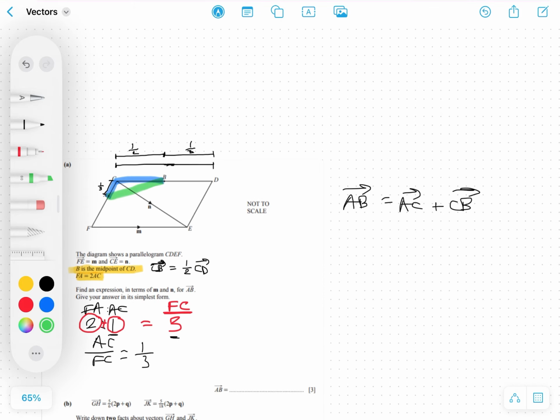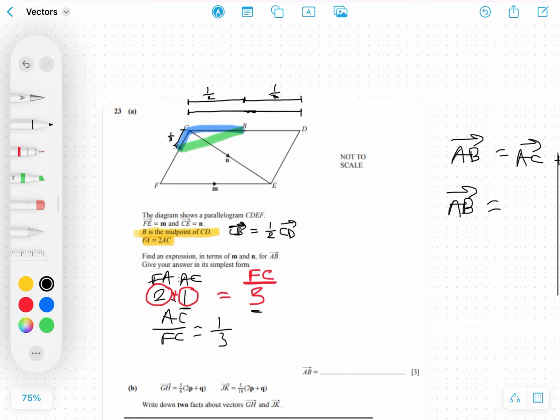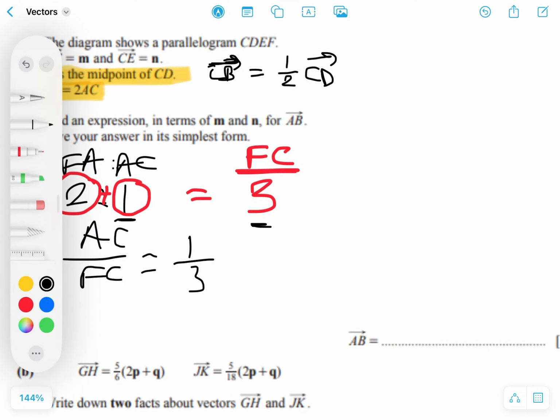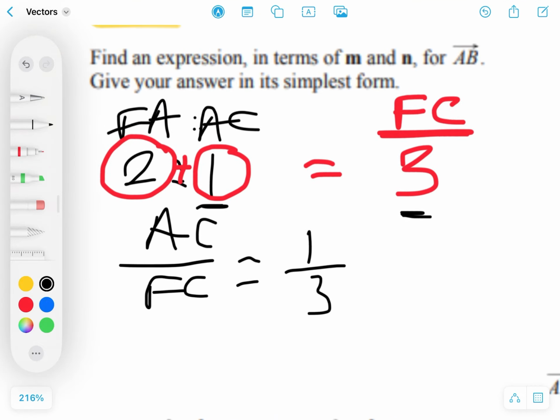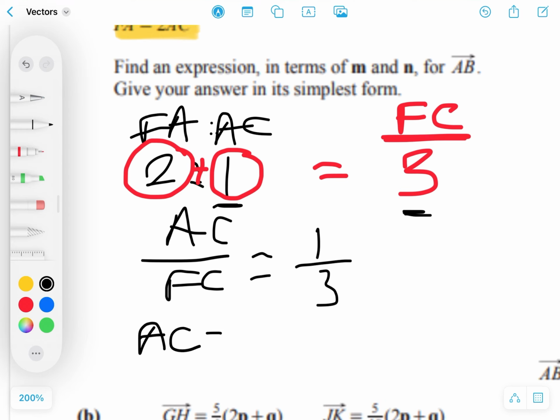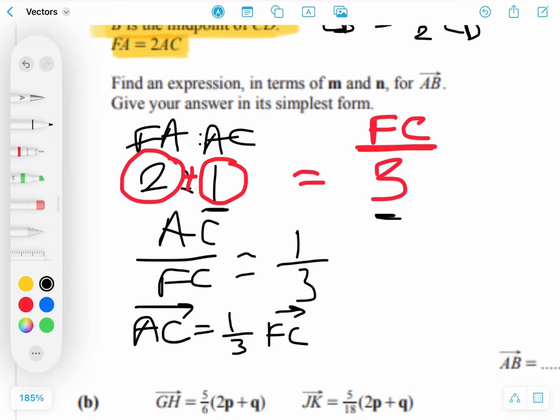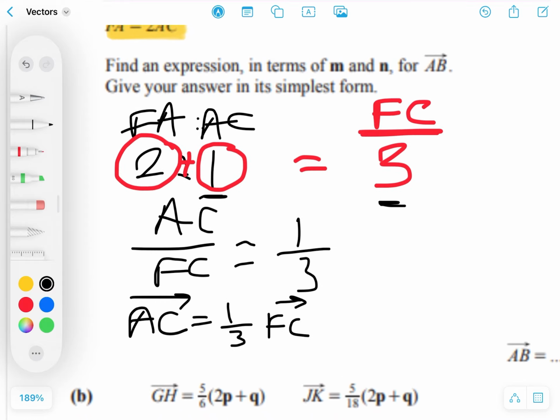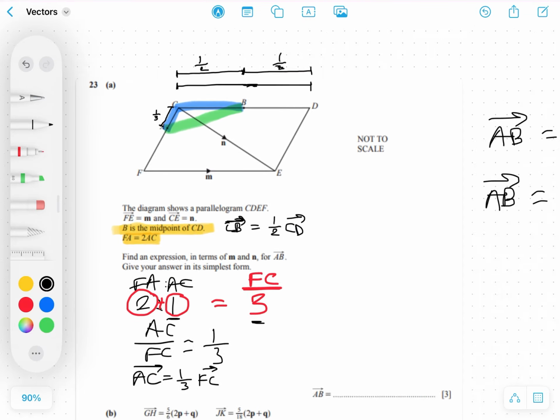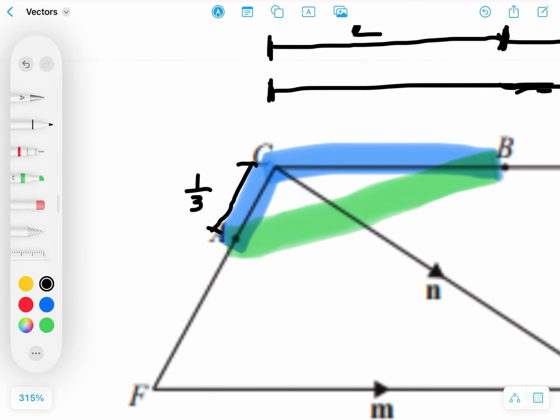So let's find out what AC is. So AB is equal to, well, from here, we know that AC is 1/3 the line segment FC. We've also written this down here, AC is 1/3 FC.